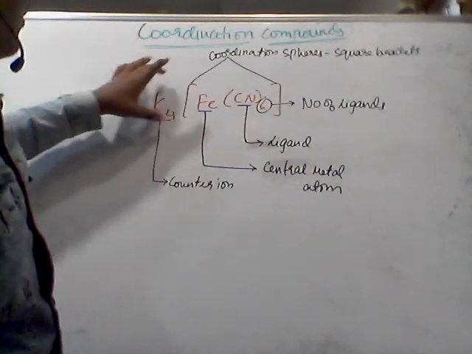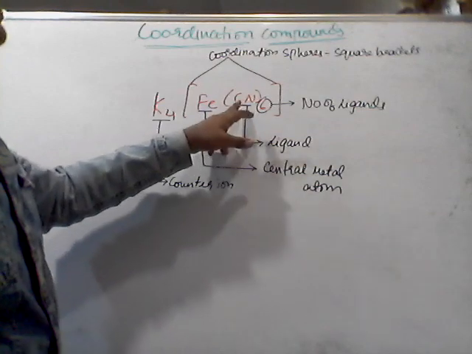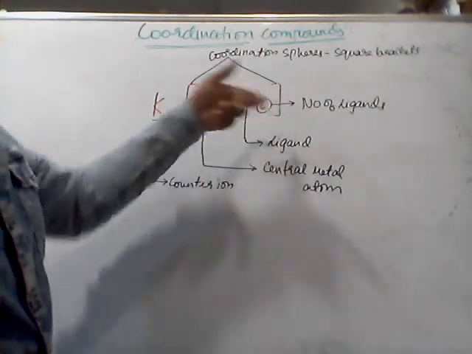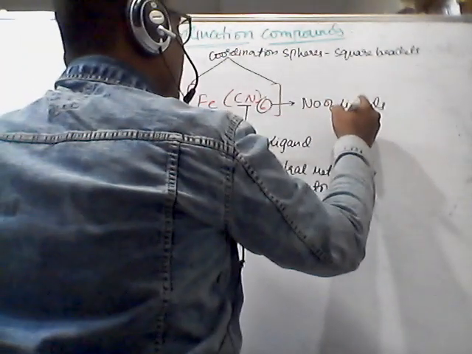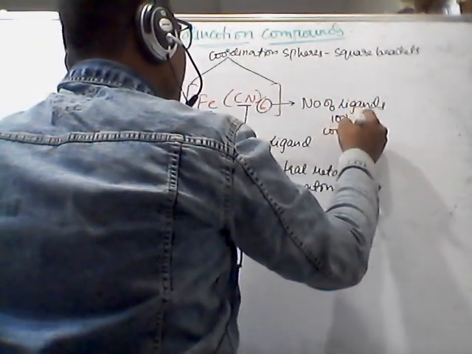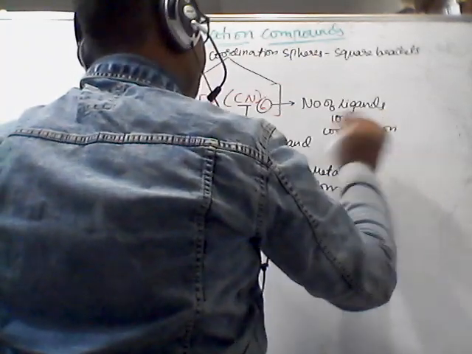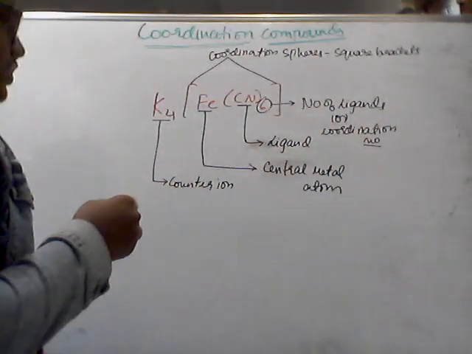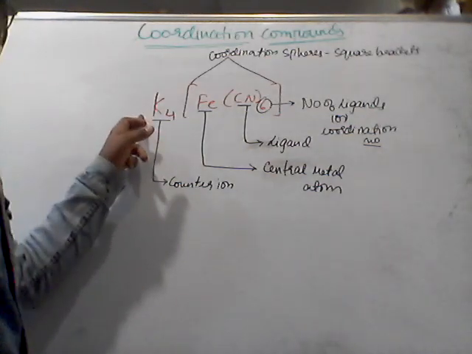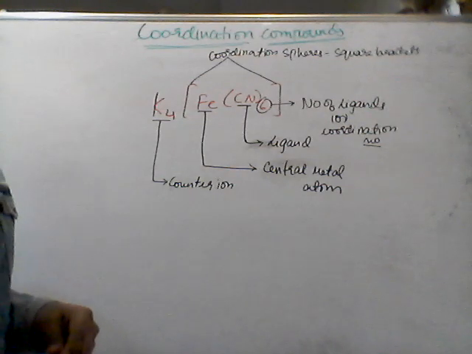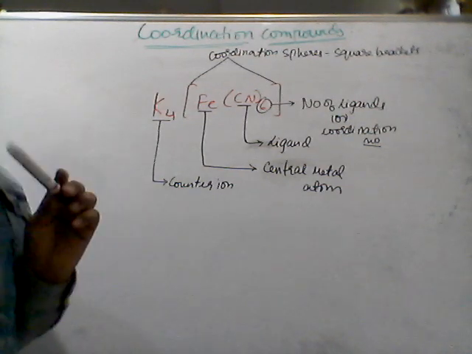Okay, K4[Fe(CN)6], again I am repeating, this is the ligand, this is the central metal atom, this is the number of ligands, or we can even call it the coordination number. Okay, we'll see what the coordination number is soon. That's the coordination number, and this is the counter ion, correct? And then this is the coordination sphere in which we enclose the coordination compound, correct?